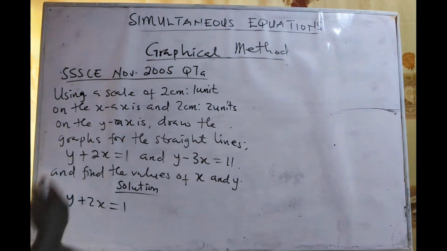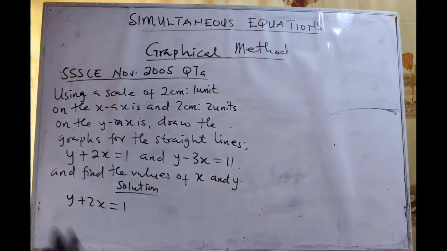Or you pick a convenient value for y, you substitute and get what? Your x, and you get your point. You do that. Okay, so we can even also go by the y or the x intercepts. Or you say when x is 0, y is 0, and so on. So you are going to determine the points, but make sure to pick a convenient point so that you can get your value.